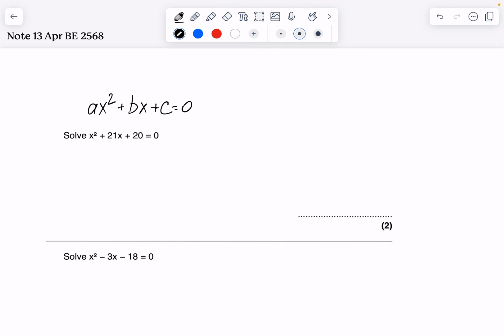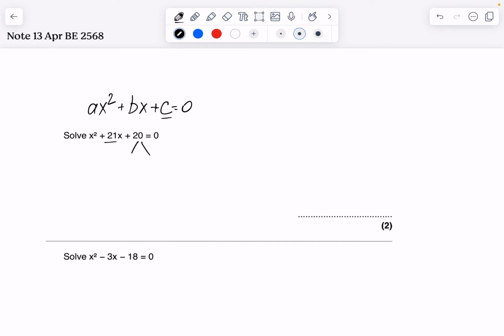The reason I'm writing this down: if your quadratic equation is not in this order, then you need to find c, the number on its own without x. And you need to find two factors of that number that add up to the middle number, the coefficient of x.